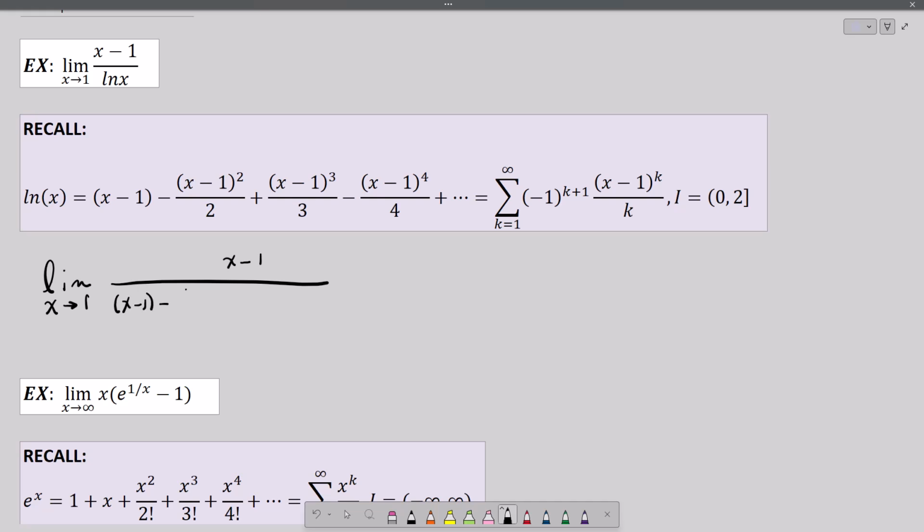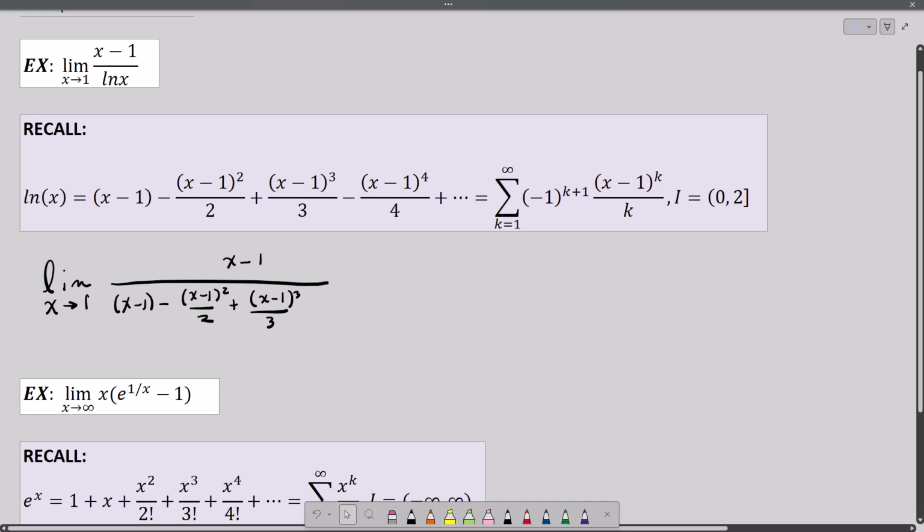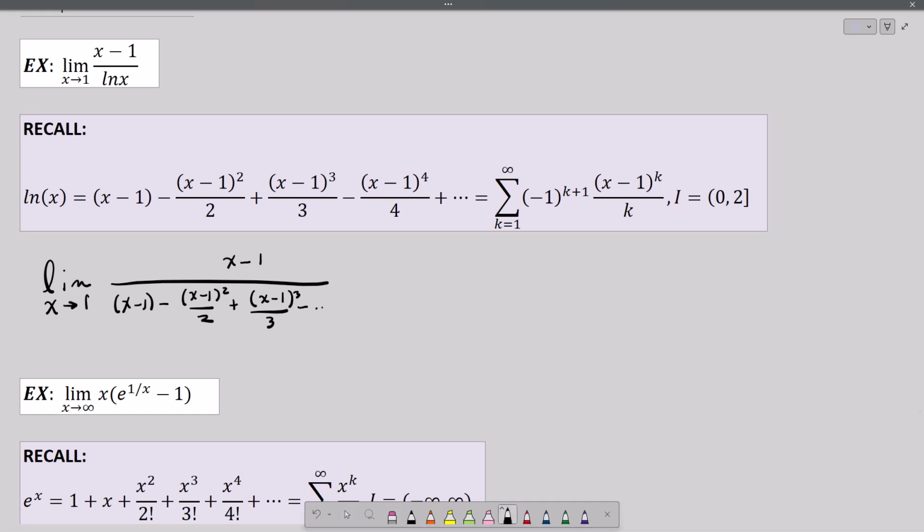We are taking the scenic route. We are not using L'Hopital's rule. That's going to be a minus next. And we can just stop there. I think that's enough. So then we're going to have a cancellation of x minus 1 all the way through.